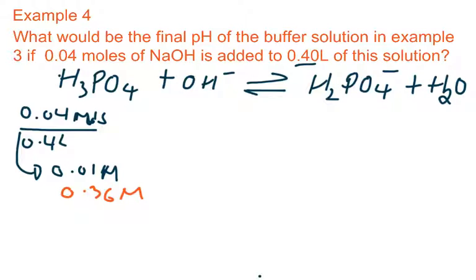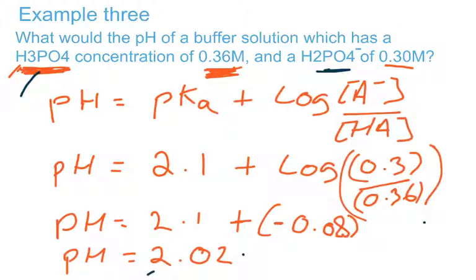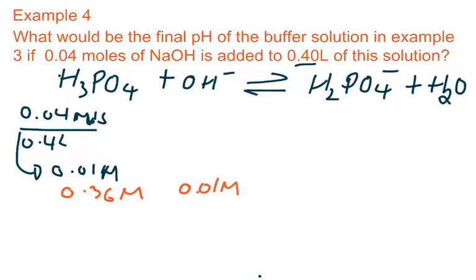We're starting out with 0.01 big M of the hydroxide solution, right? Now, we're also starting out, if we look back at question example 3, with 0.30 big M of the conjugate base, which is H2PO4 minus, right? So we're going to put that value over here, 0.30 big M.